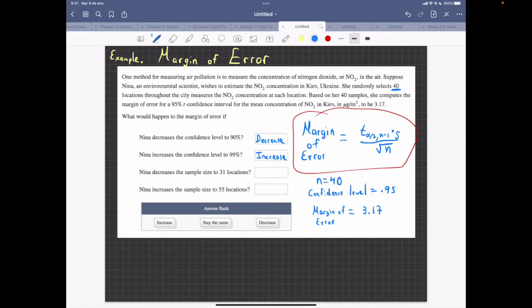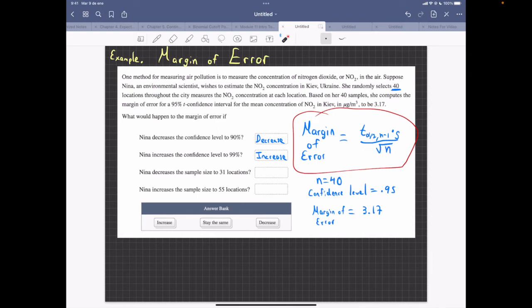Oh, well, this is from common sense. If we increase the sample size, then this denominator is going to be greater. If you divide something by a very big number, then eventually that is going to be small. So in this case, if we decrease the sample size, then this number is going to be greater, right?